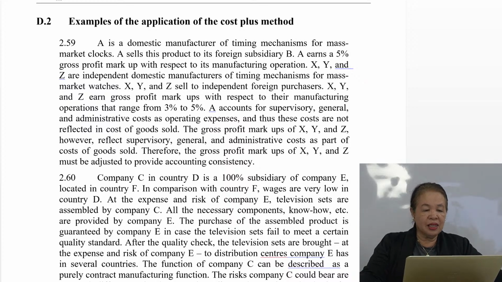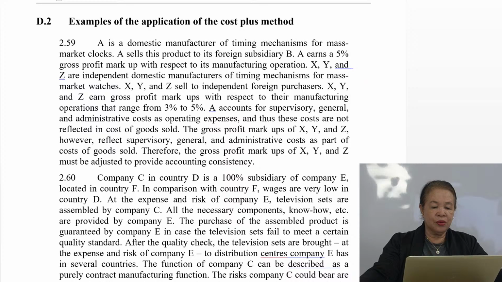X, Y, and Z are independent domestic manufacturers of timing mechanisms for mass market watches. No? X, Y, and Z sell to independent foreign purchasers. X, Y, and Z earn gross profit markups with respect to their manufacturing operations that range from 3% to 5%.